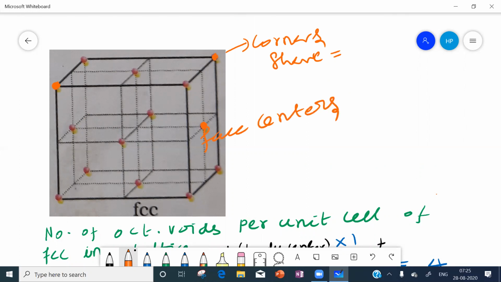Corners give a share; how much share will corners give? Face centers also give a share; what is the share? So corners give 1/8 share.